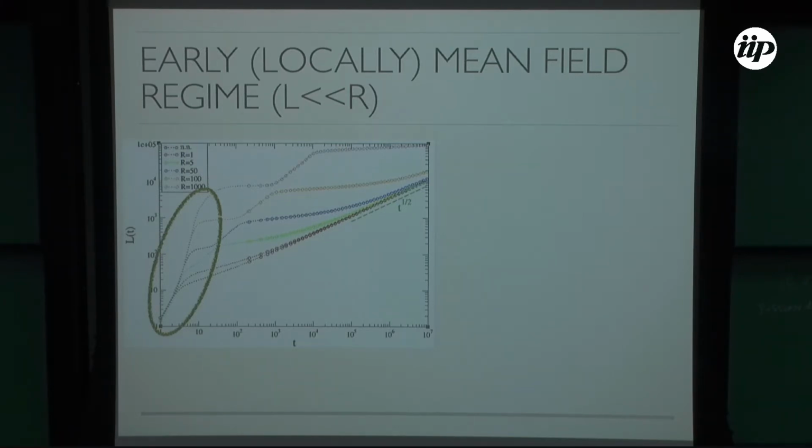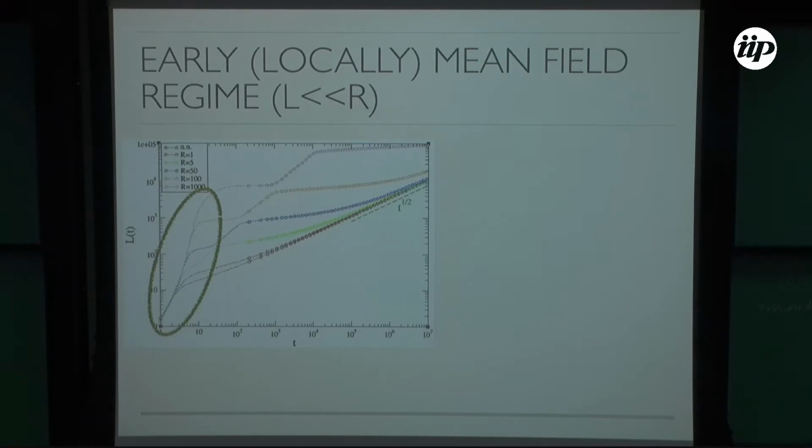However, I have to warn you that this is only local, only inside a size of order R. It may happen that the system breaks the symmetry, because in mean field it very easily does. Let's say it breaks the symmetry in this part of the system, but then it will break it the other way in another one, so the system still has average magnetization 0. So this is locally mean field, but globally not.